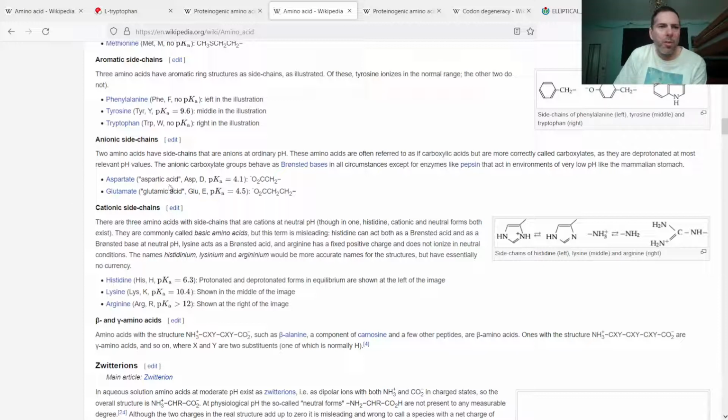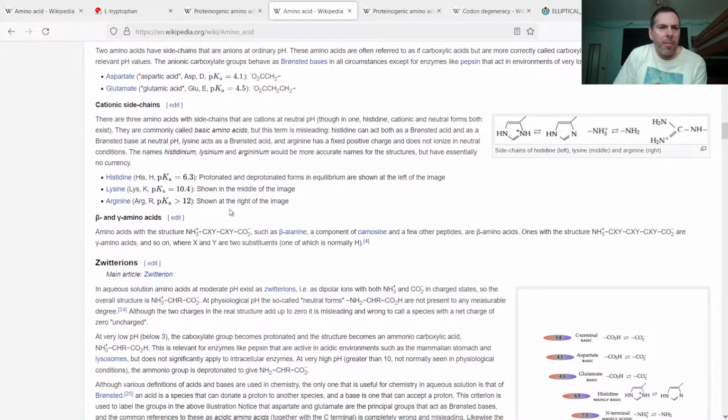So those are aspartic acid, glutamic acid. And then your cation, cat meaning down an electron, makes it a positive charge. Histidine, which kind of bounces back and forth between neutral and positive. Lysine and arginine, which are pretty much positive at any kind of a normal 7.4 pH cellular environment.